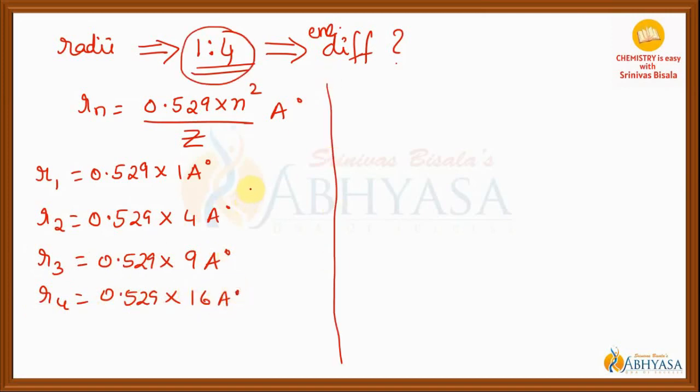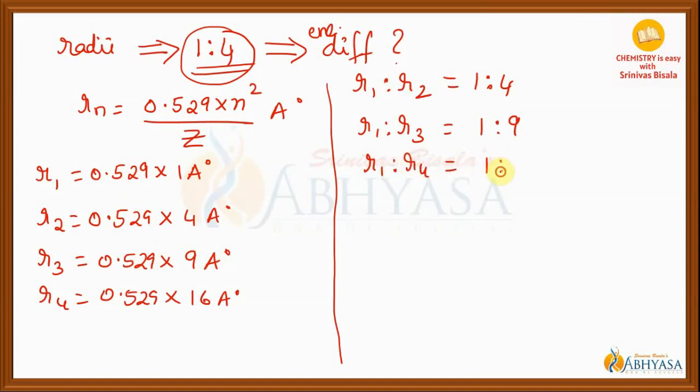Now we need to find out which two orbits are having the ratio of the radii as 1:4. If you take the case of R1 is to R2, see here 0.529 and 0.529 is common, definitely we will be getting 1:4. And if I take R1 is to R3, definitely the value is 1:9 here, because 0.529 is common in both of them. And if you take R1 is to R4, it is 1:16.